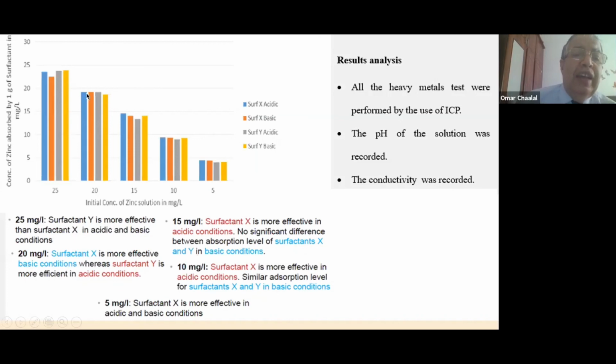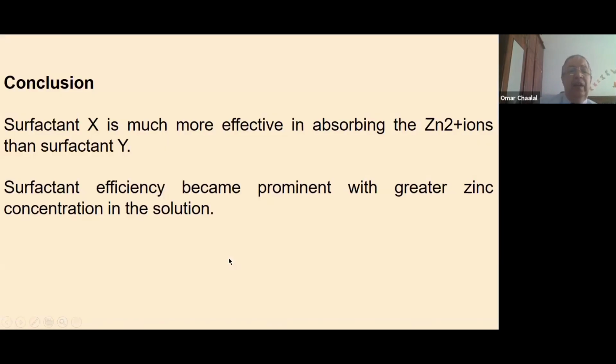Here is the same level, and this is gone. And when we vary the concentration, we can see the same pattern. So here are some comments, and the next slide is the conclusion.